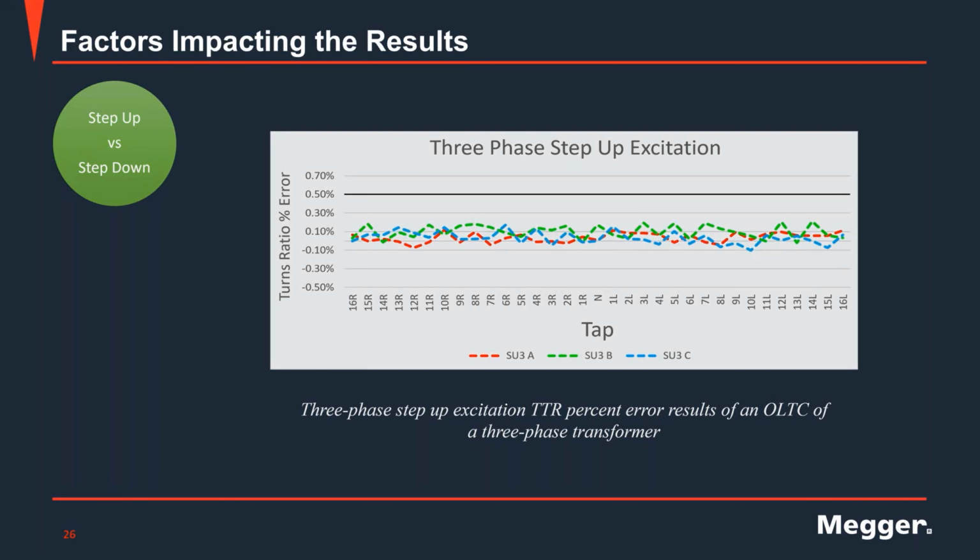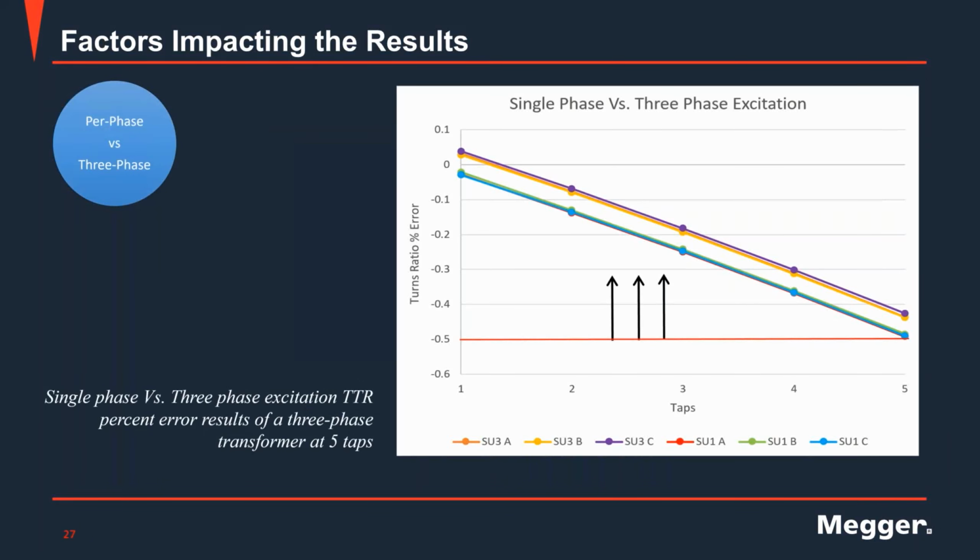So now let's look at that effect as well, using the same voltage, but just going from single phase excitation to three-phase excitation, doing either one phase at a time versus the three phases simultaneously.